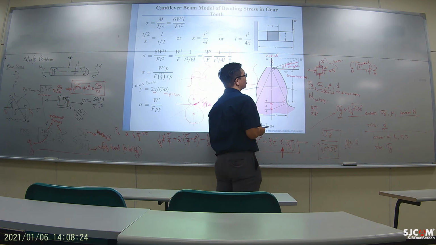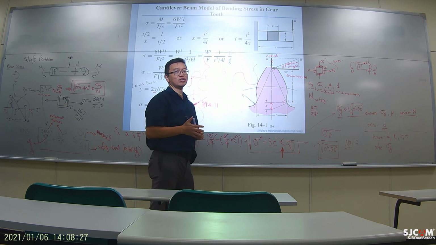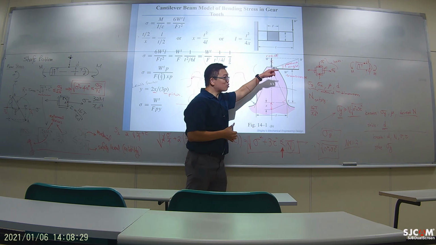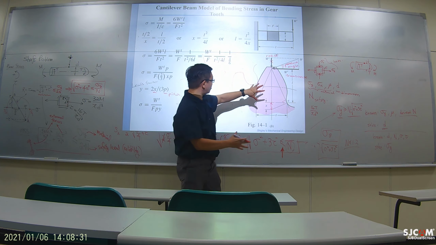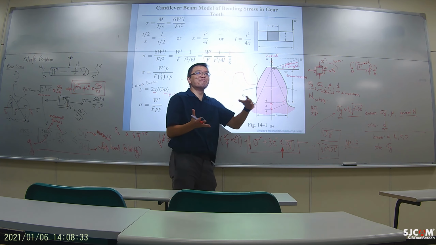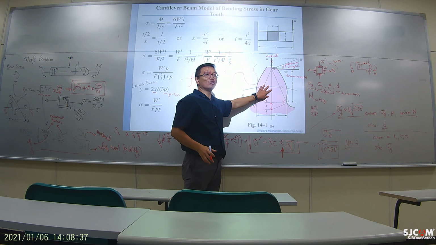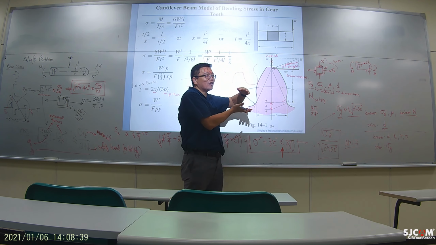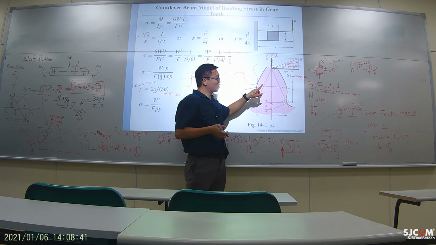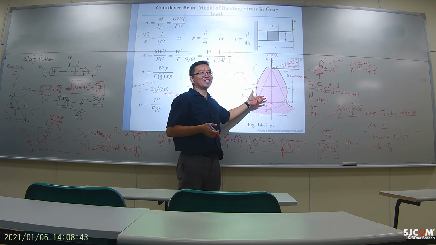They only care about the transverse load. Why? Because this one is basically compressed, and you have a lot of material here. It doesn't bend the tooth. The tooth won't break due to compression. It breaks due to bending.